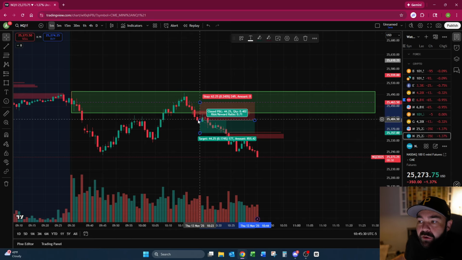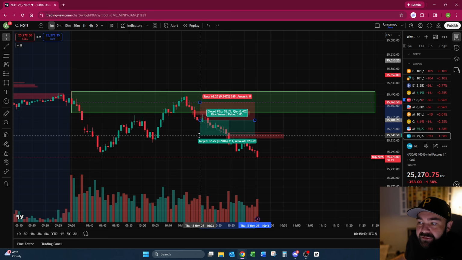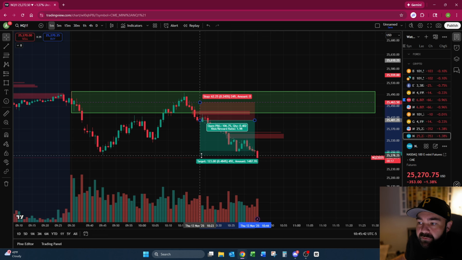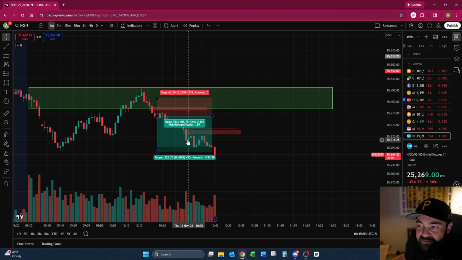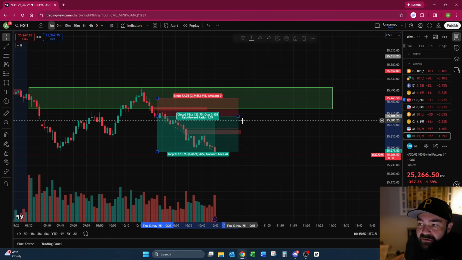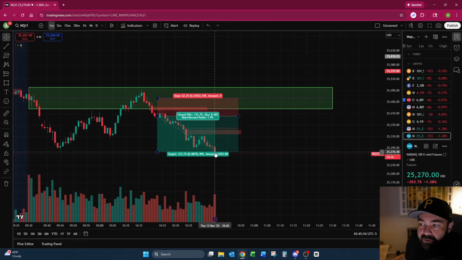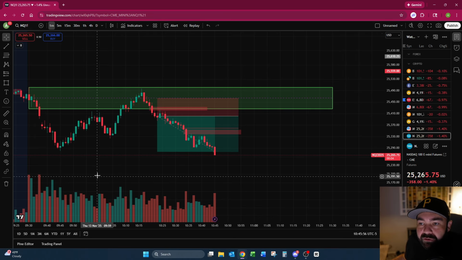Now, I target a 1 to 2 risk to reward. So at 62.25, I'm going to be targeting right around 125 points. So I would drag this down to 125, which is close enough right here, somewhere in there. I would, of course, get it exact if I were in the trade, but you can see right here we just would have ticked out and we would have been at a 1 to 2 risk to reward.